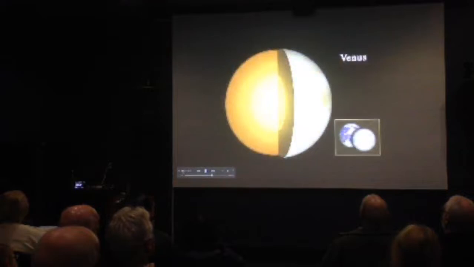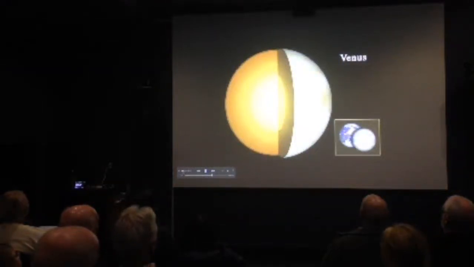Earth's interior structure, crust, mantle, core, serves as a template for understanding the other rocky planets. If we look at Venus, Venus is expected to have a similar interior structure to Earth. The major difference is that Venus is a one-plate planet. We're not exactly sure why.